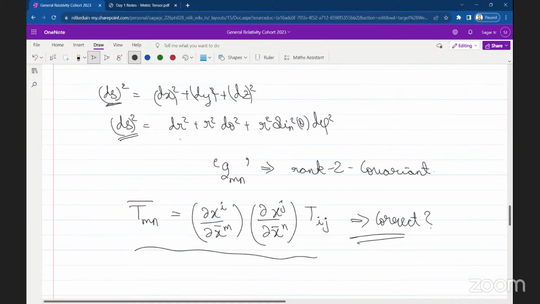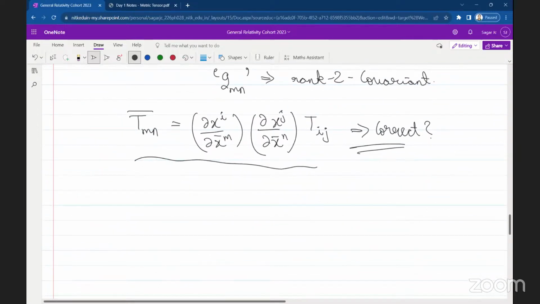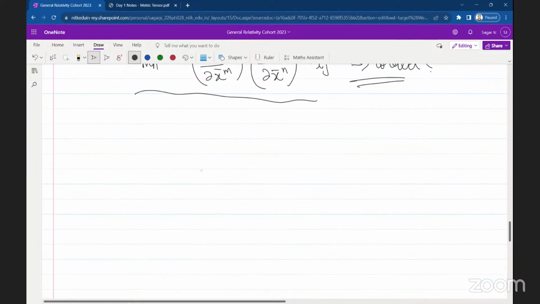Now, if we show that g_mn also varies in a similar fashion, then it behaves as a rank 2 covariant tensor. So how will I show that? It's actually an assignment question. I'll try to solve it here. Basically, we know that ds square is written as g_ij dx_i dx_j.